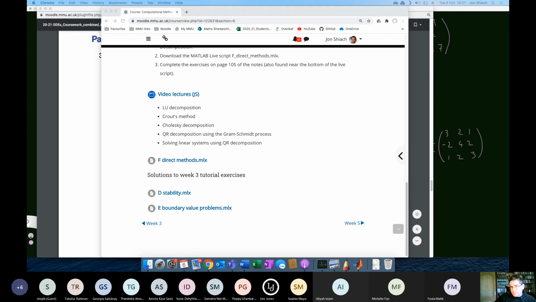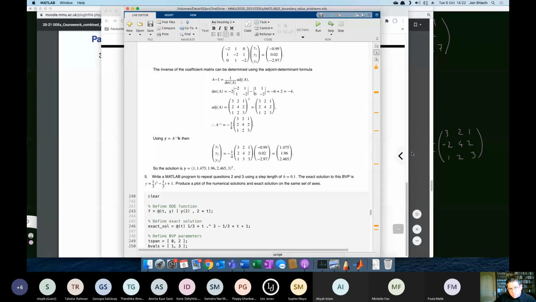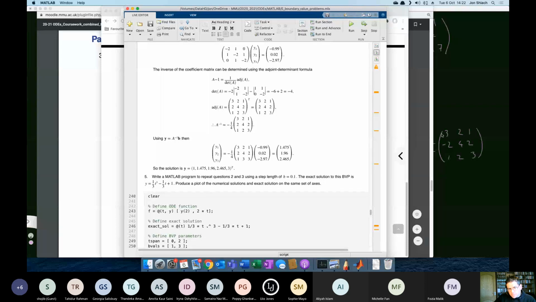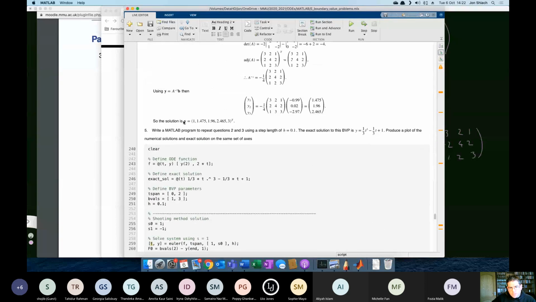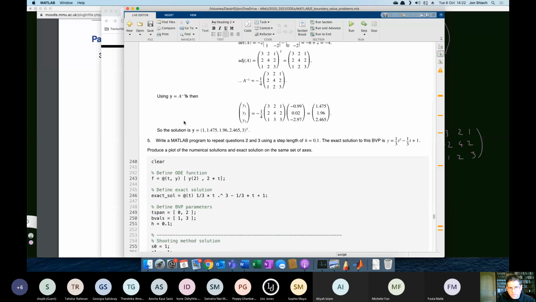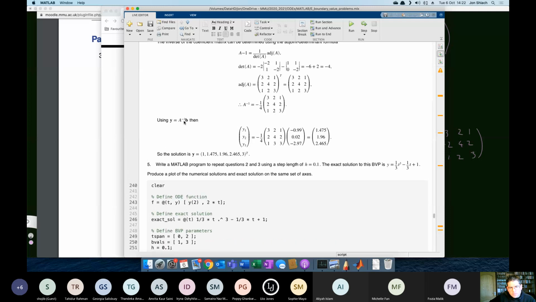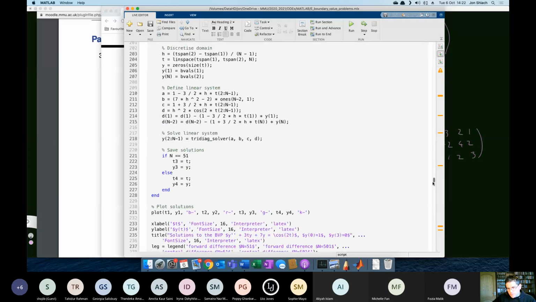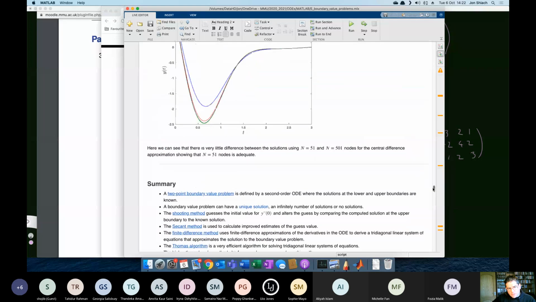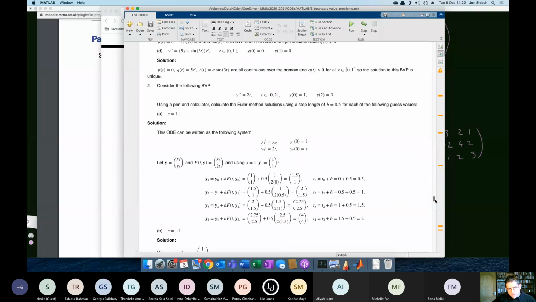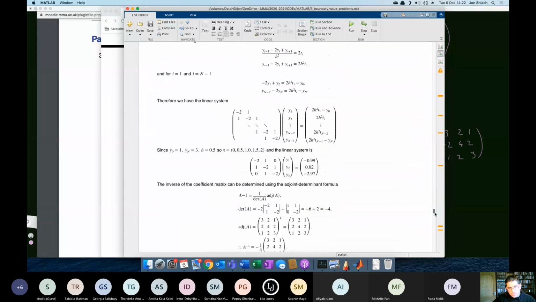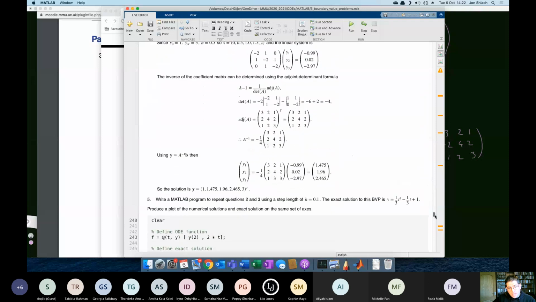I'm just going to bring that across. You can see all of that working out. A bit further down, you can see all the solutions to the other questions there.